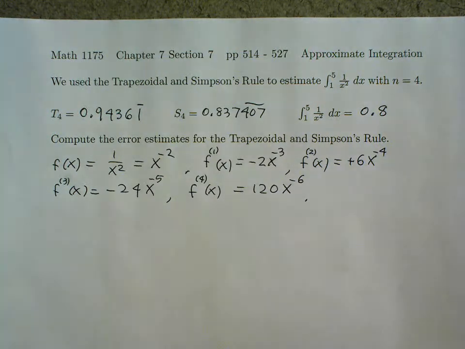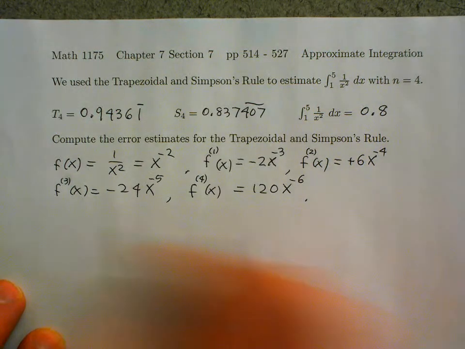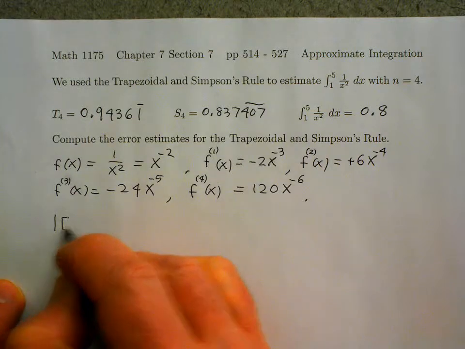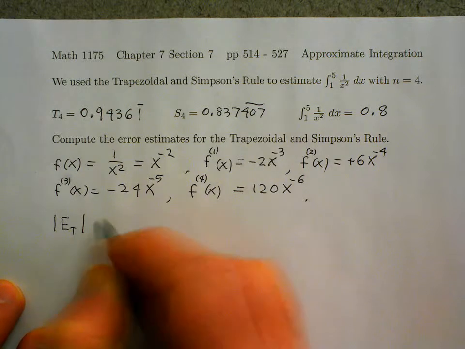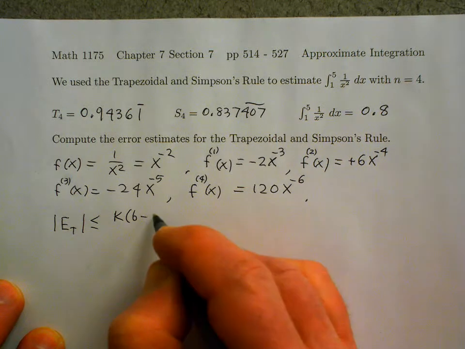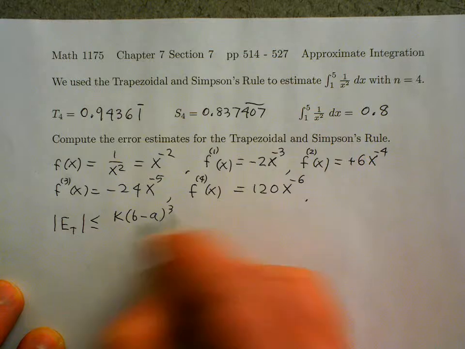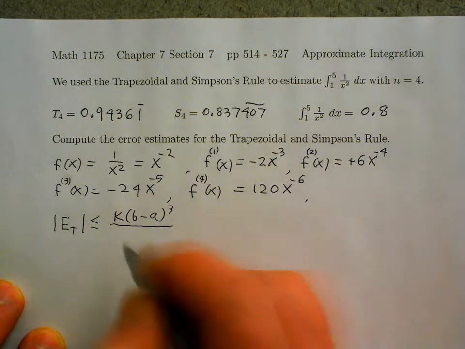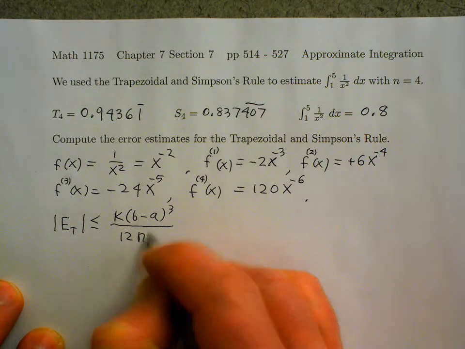Okay, so the error estimate for the trapezoidal rule, I'll jot that down here. It's less than or equal to k times b minus a to the third over 12n to the second.